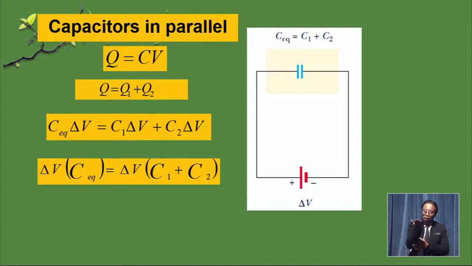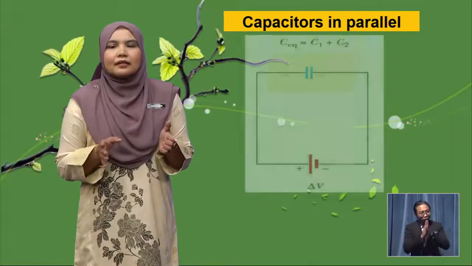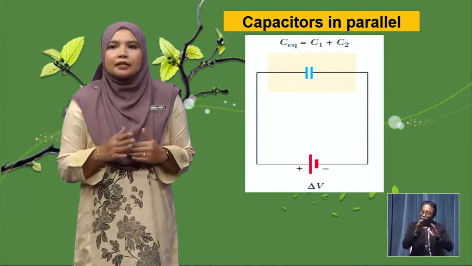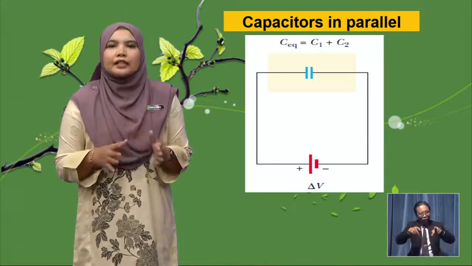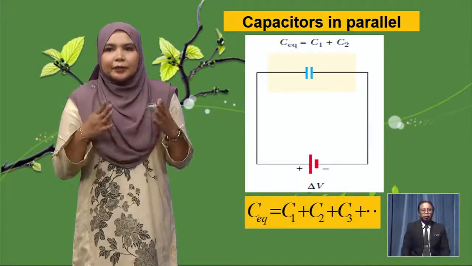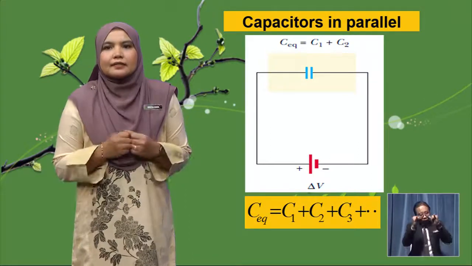Then, dividing by delta V, C equivalence equals C1 plus C2. Thus, the equivalent capacitance of a parallel combination of the capacitors is the algebraic sum of the individual capacitance.